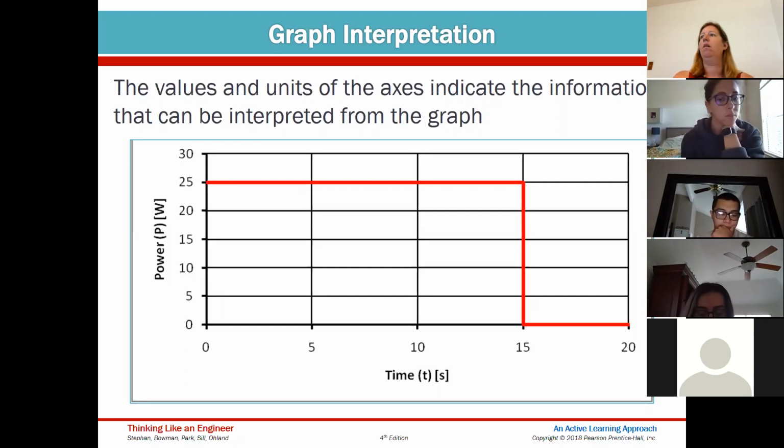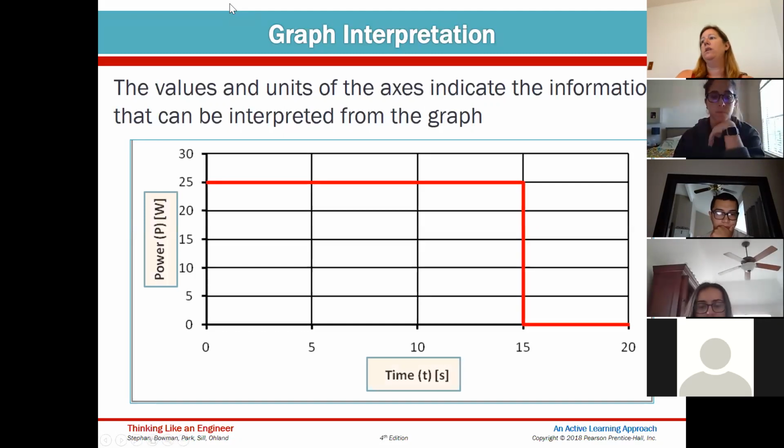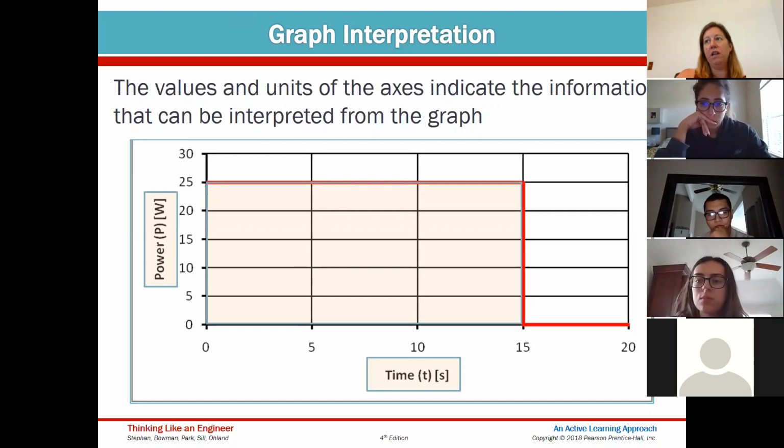Okay. So we take those two axes and calculate our area under our curve by multiplying the two.